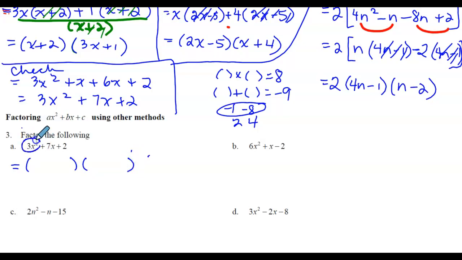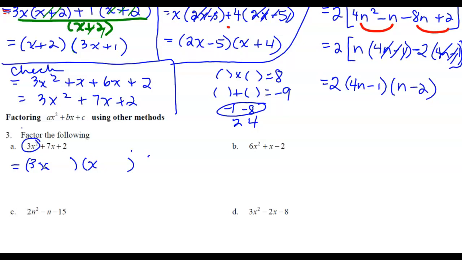So yesterday, I just put x and x, because it was always x squared. Now I've got 3x squared. Well, this is nice, because is 3 a prime number? Yes. So the only options you have are 3x and x. And certainly they can go in either bracket, right? Then you could look at the last terms and go, well, it has to be 2 and 1. Or negative 2 and negative 1.